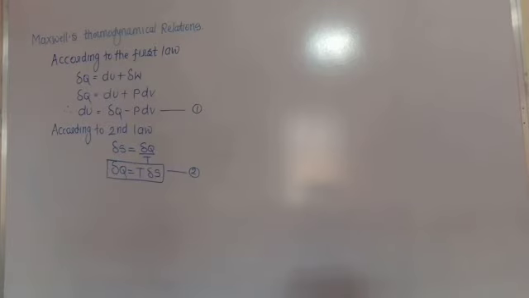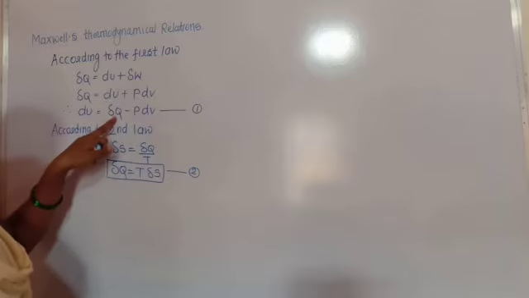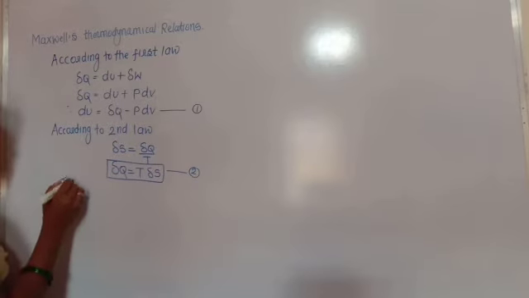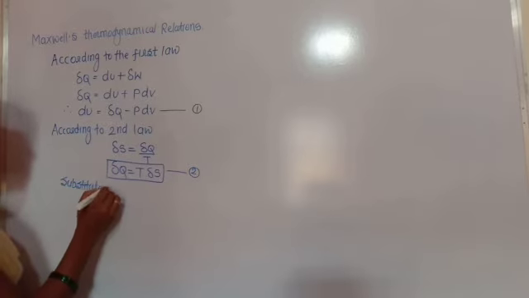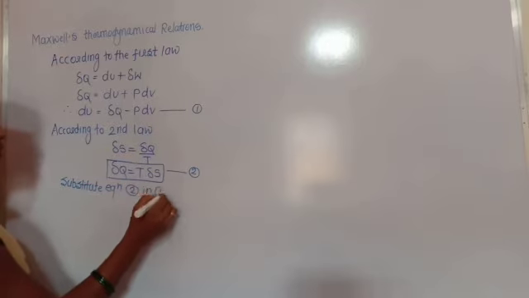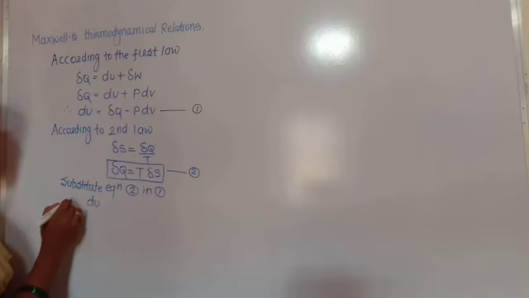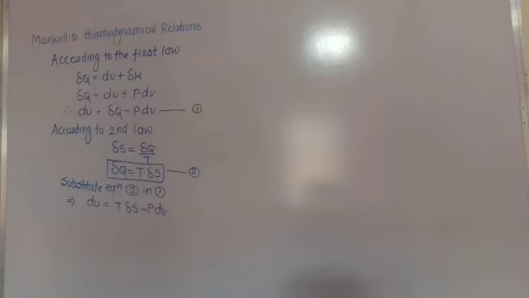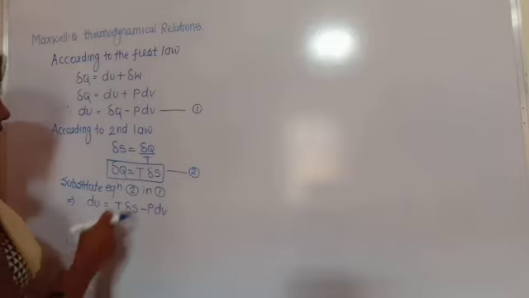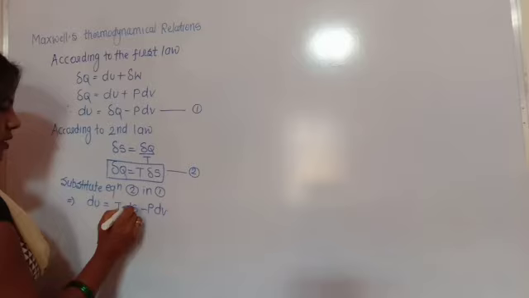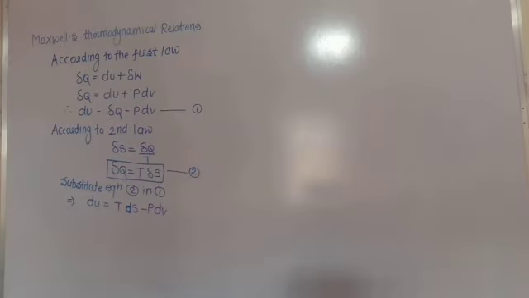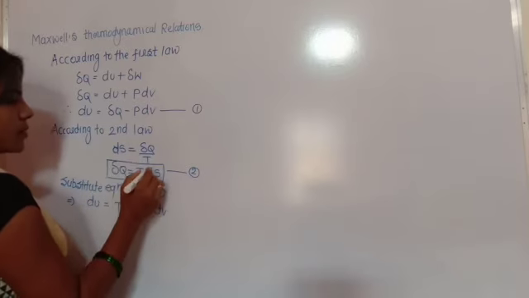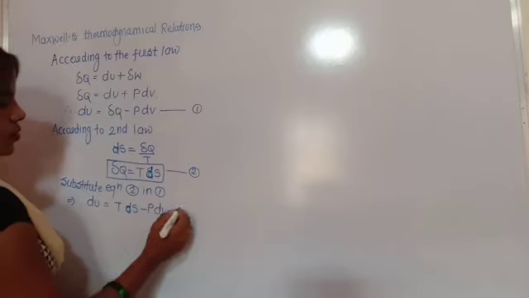Substituting the value of del Q from equation 2 into equation 1 gives dU is equal to T dS minus P dV.